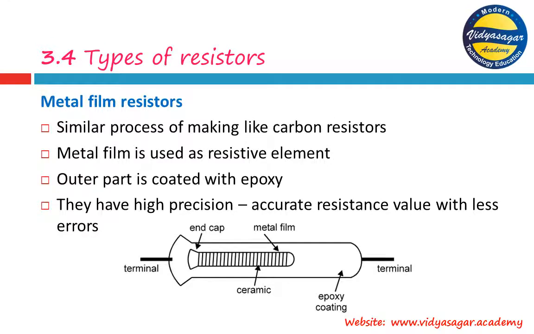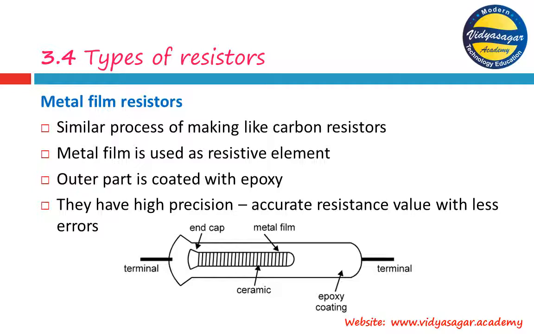The third one is the metal film resistor. This resistor was introduced some years back by Philips, and the metal film resistor is very accurate, and it has less manufacturing errors. It is very similar to the carbon resistor except for the less errors. It has quite low errors and high accuracy. Metal film is used as a resistive element here.